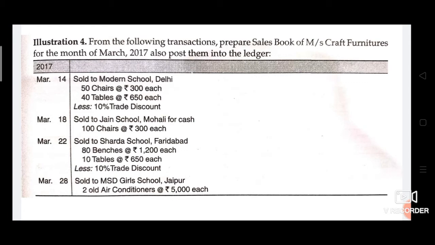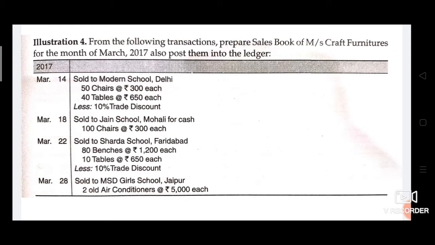22nd March, sold to Sharada School, Faridabad. This is a credit transaction, so we will record it in sales book. And on 28th March, sold to MSD Girls School, Jaipur, 2 old air conditioners at rupees 5,000 each. Now, this firm is in the business of furniture, and they are selling 2 old air conditioners.